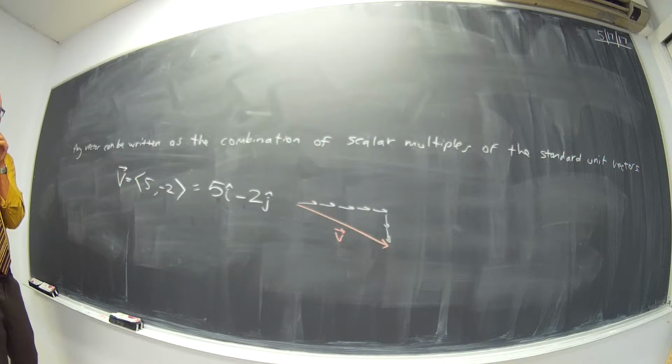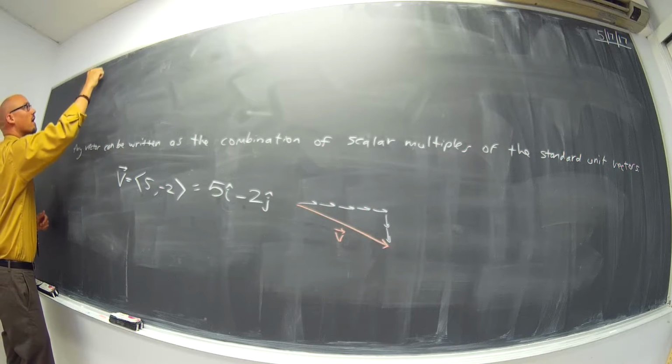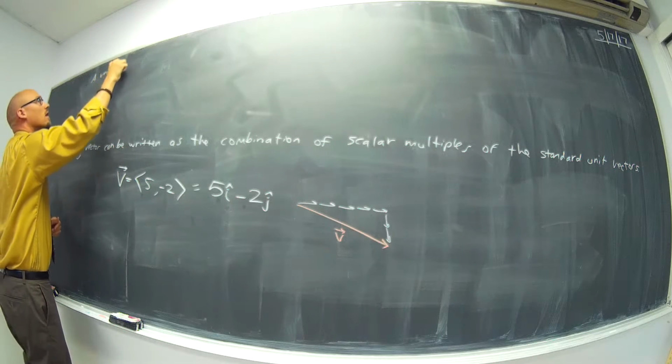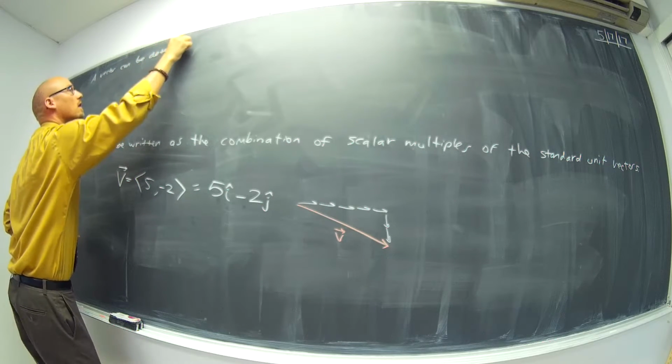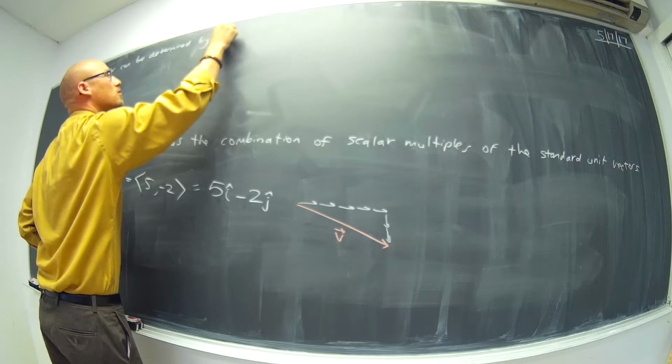All right, last thing: a vector can be determined by 2 points.